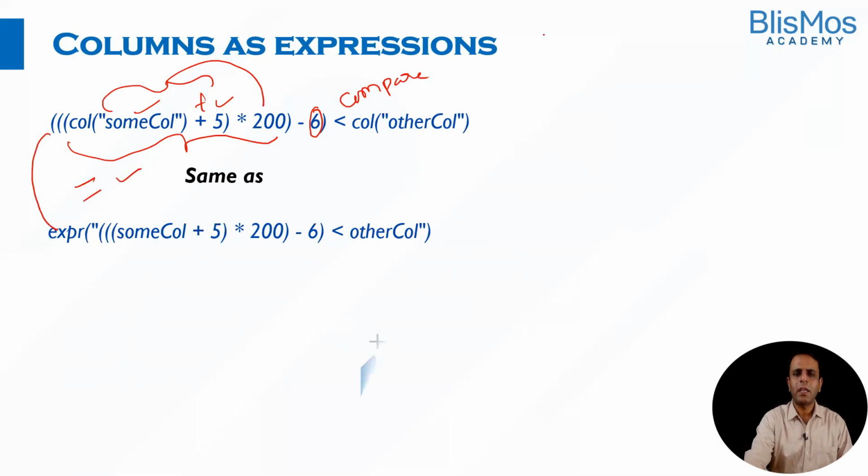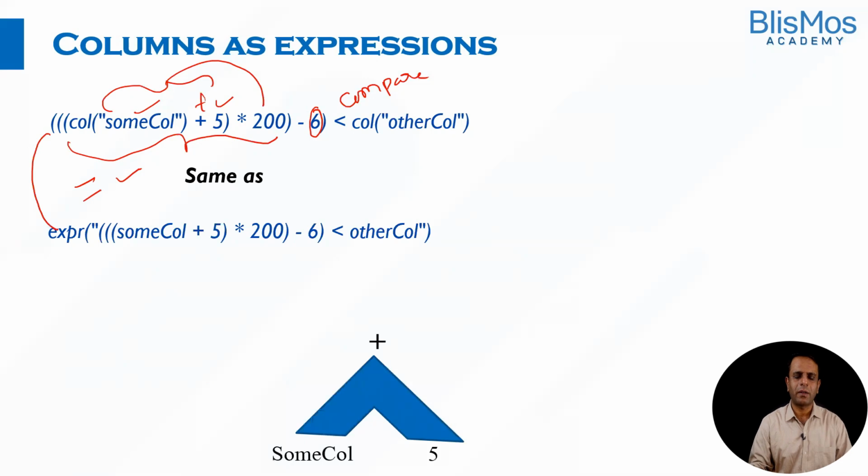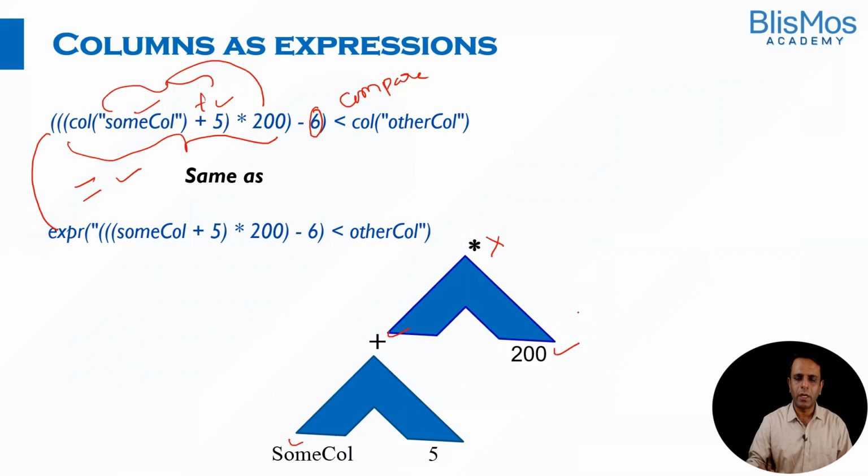Let us see how exactly Spark builds a logical tree out of both of these expressions. The first thing is some column. We are adding 5 to that, then the result of this will be multiplied with 200. Result of that will be used to deduct 6 from this result.